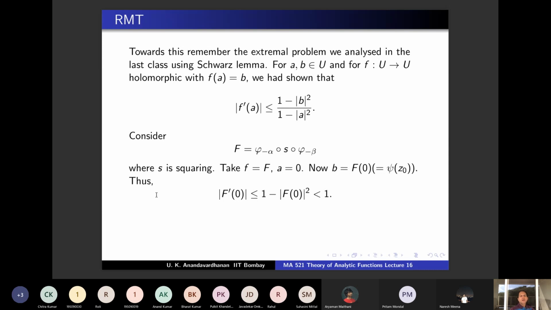Okay. And I'm saying B is beta and A is alpha, right? Like earlier we had said beta. Yeah, but this is something else that I am stating from the last class.